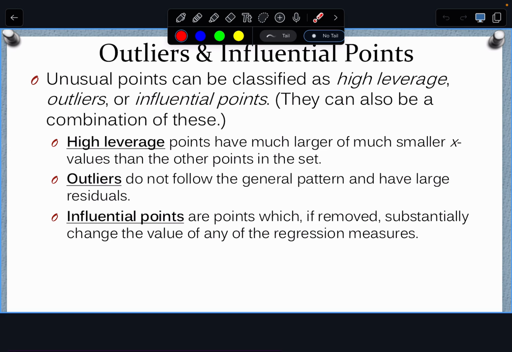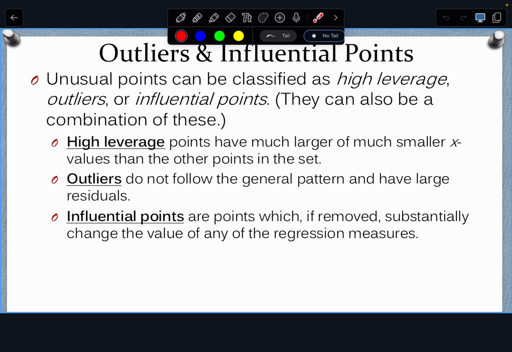We know physics with levers and fulcrums and things like that. The further away I apply a force, the less force it requires to move the object, right? So those extreme values in the x direction, those have high leverage because they don't require much force to pull the line wherever they want it to go.